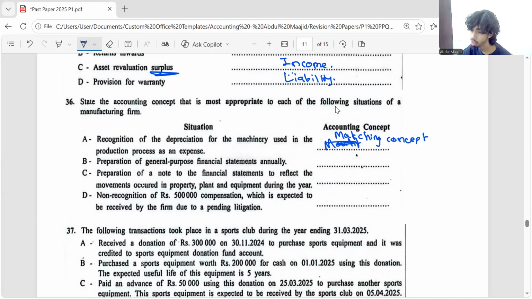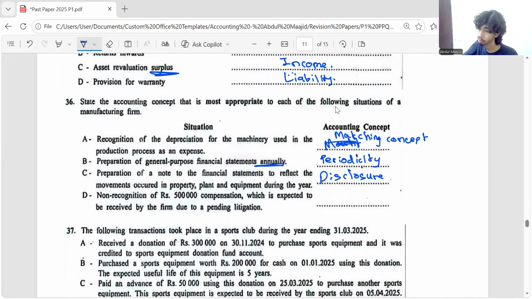B. Preparation of general purpose financial statement annually. Periodicity concept. Preparing annually. Preparation of a note to the financial statement to reflect the movement occurred in PPE during the year. Notes to the financial statement are mainly prepared to reveal certain information. That is called disclosure concept. To disclose, to reveal.